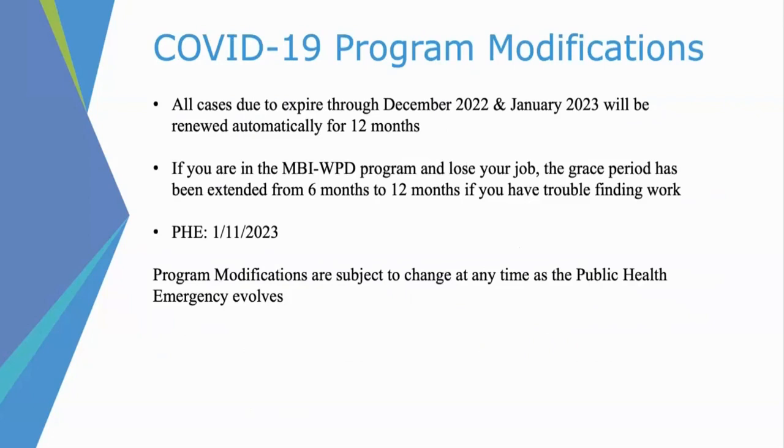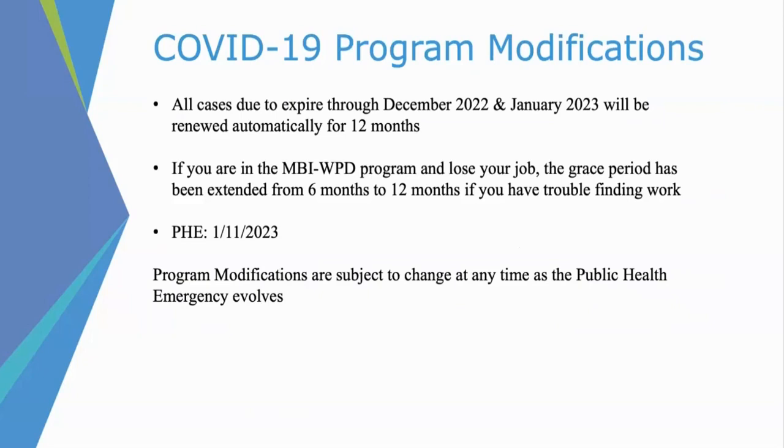All right, some COVID-19 program modifications and updates. All cases due to expire through December of 2022 and January of 2023 will be renewed automatically for 12 months. So you don't have to worry about recertifications for your December and January cases coming up. If you are in the Medicaid buy-in program, the MBI-WPD program, and lose your job, that grace period has been extended from 6 months to 12 months if you have trouble finding work.